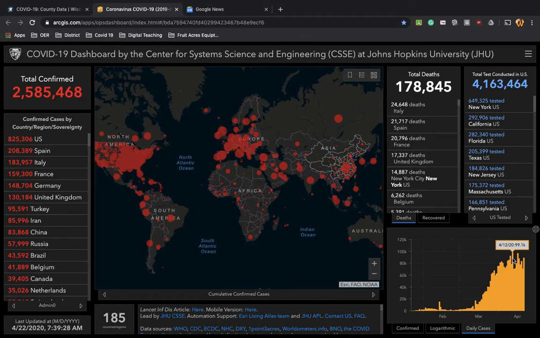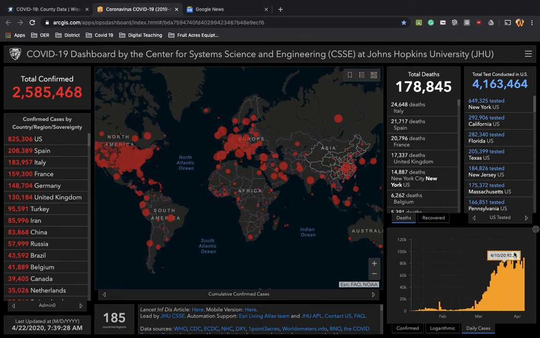So on April the 12th, 2020, the world had 99,100 new cases confirmed. If I go here, I can see that on March 13th, 2020, the world only had 16,900 new cases added.